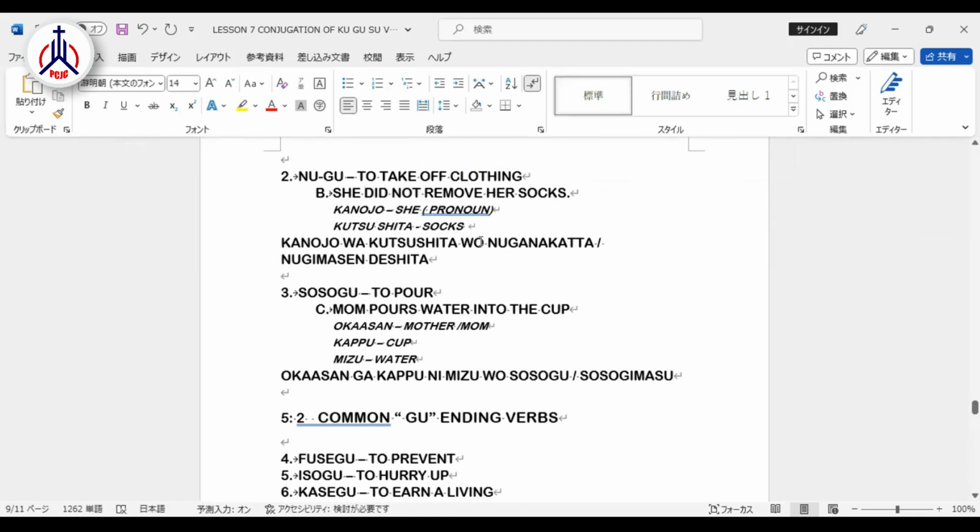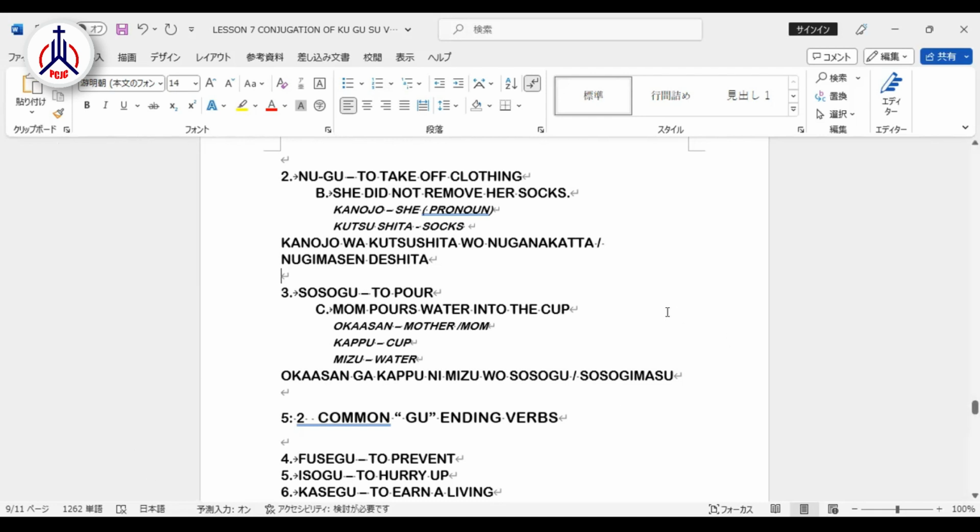Kanojo wa kutsushita wo nuganakatta. In the formal way, kanojo wa kutsushita wo nugimasen deshita. The I series, from ga to gi. Nugimasen deshita. Kanojo wa kutsushita wo nugimasen deshita.